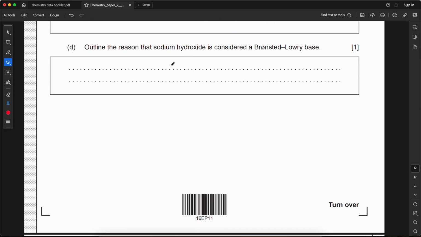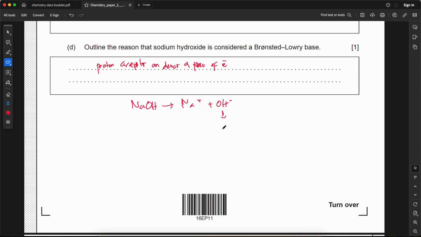Outline the reason that sodium hydroxide is considered as a Bronsted-Lowry base, because it is a proton acceptor and donor of a pair of electrons. How? When NaOH dissolves in water, it will form Na plus and OH minus.